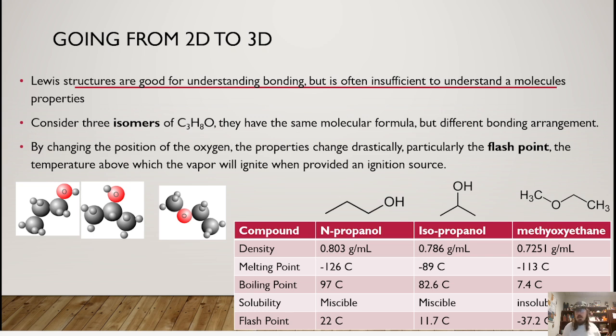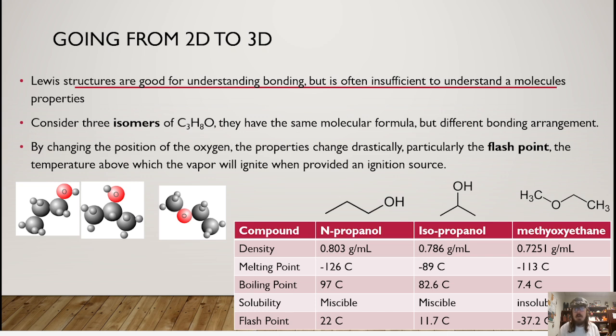The density is dropped down, so it's the least dense, meaning the most bulky. Its freezing point is relatively low, but it's between the two. But the boiling point is incredibly low at 7.4, meaning it takes very little energy to vaporize this. It doesn't want to stick together. It doesn't want to stay in the liquid.